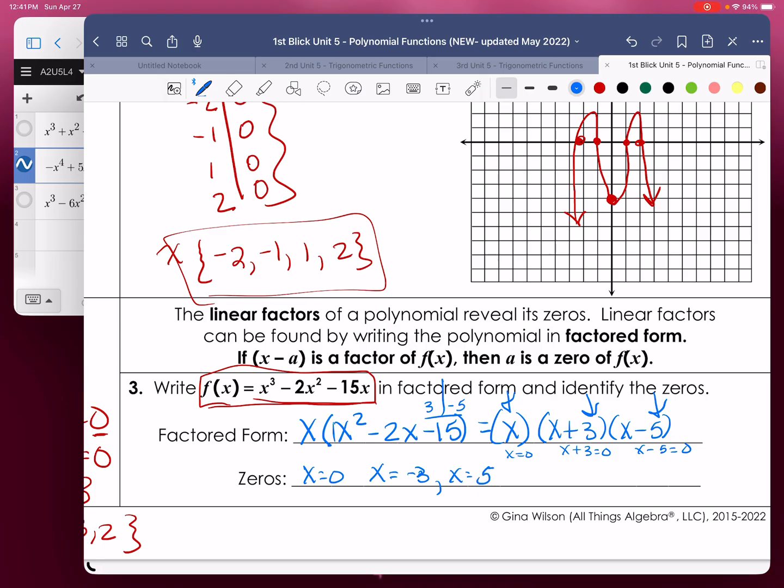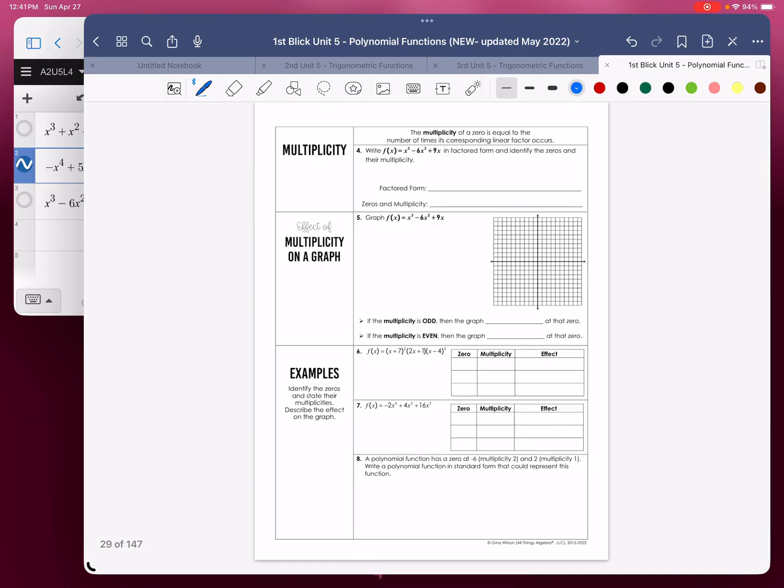And you'd want to write that as x equals, and then make that a set, 0, -3, 5. Those are your zeros. And notice we had an odd degree, so we have an odd number of zeros. Okay, let's see what else we can tell.